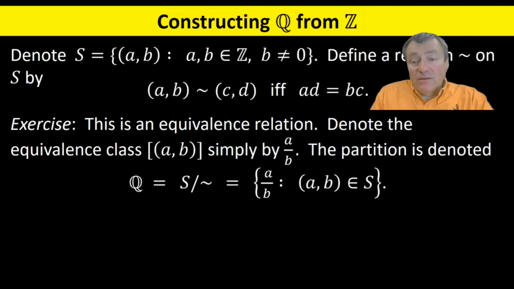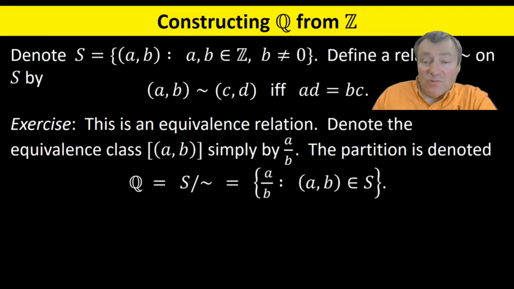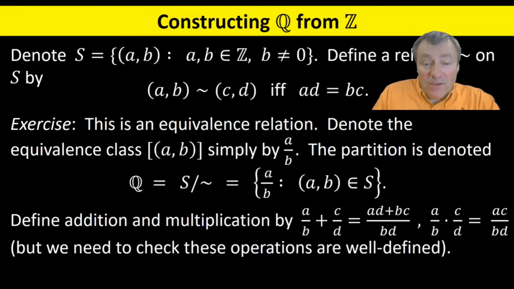Now this partition, which is the set of equivalence classes, could be denoted as the set S mod our relation. We give it, again, a shorter name. We just call it Q. The set of equivalence classes is called the set of rational numbers. Now you've got to start defining the rest of the structure, like how does this become a field?